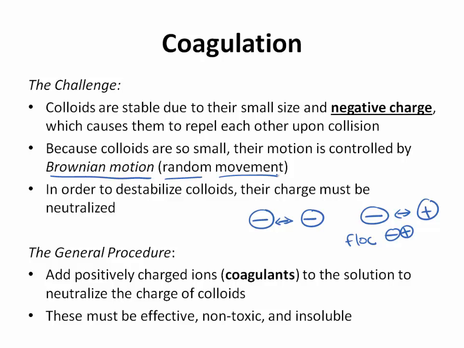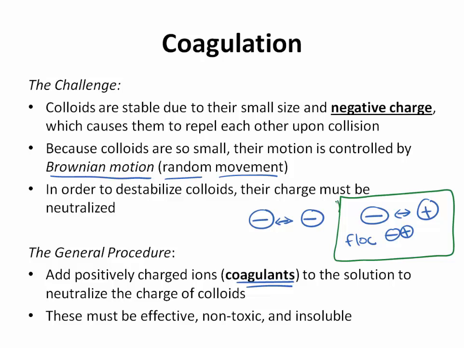In order to destabilize colloids, they must be neutralized. So the general procedure is simply to add positively charged ions, and these are called coagulants, to the solution, and this neutralizes the charge of the colloids by causing that positive charge to interact with the negatively charged constituent to create a neutral particle.